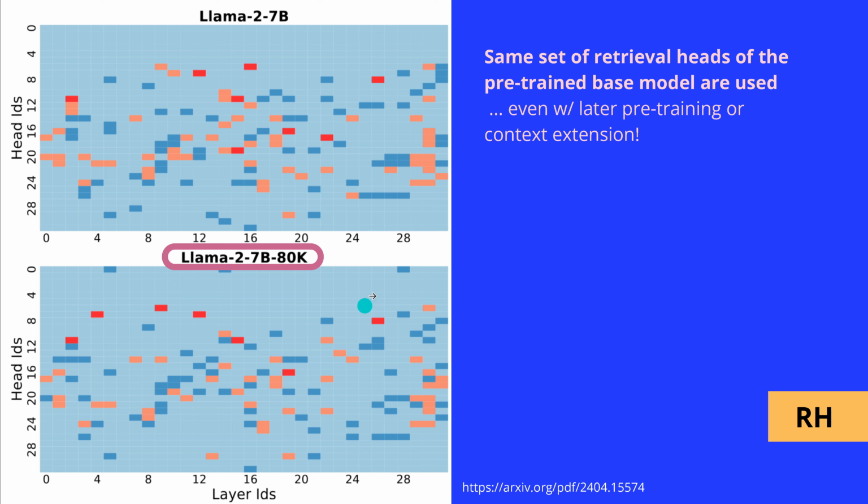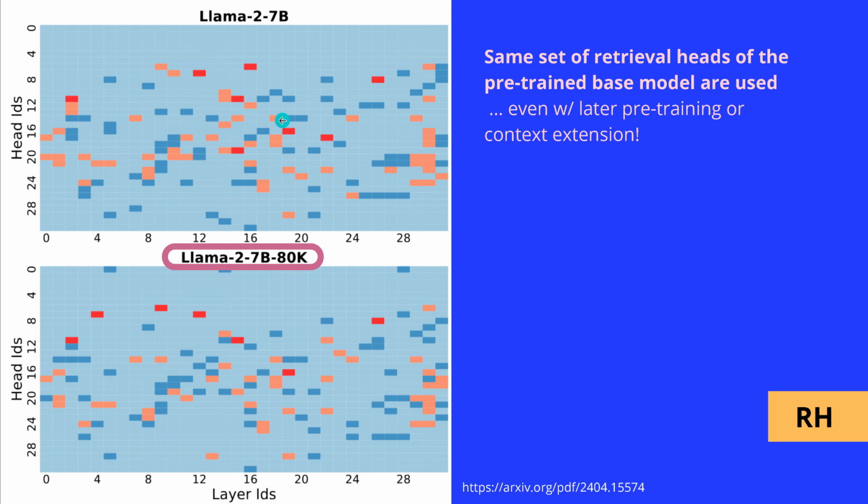But look at the facts. They are a little bit differently placed. Look just at the red. We have these reds and these reds. And we have one red that's missing here, but this red is identical. And then we have two here. So we have 1, 2, 3, 4, 5, 6, 7, 8 hot retrieval heads in the Llama 2 7B classic.